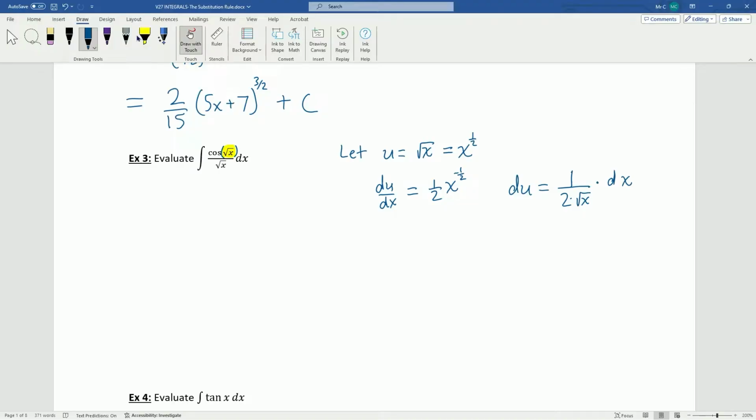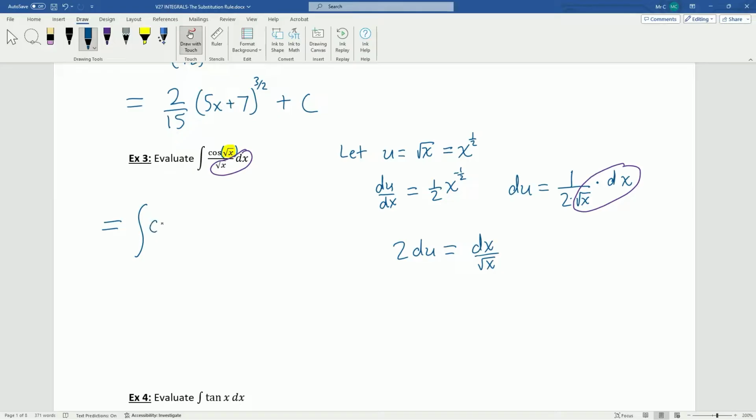Now, what I'm trying to replace in the function is this whole expression dx over the square root of x, which I have here. So I want to get rid of that 2. So I multiply that 2 across. I get 2 du equals dx over the square root of x. And that's good enough.